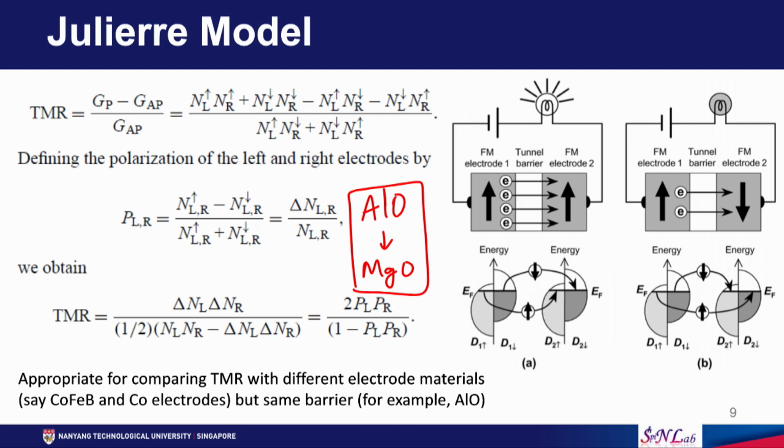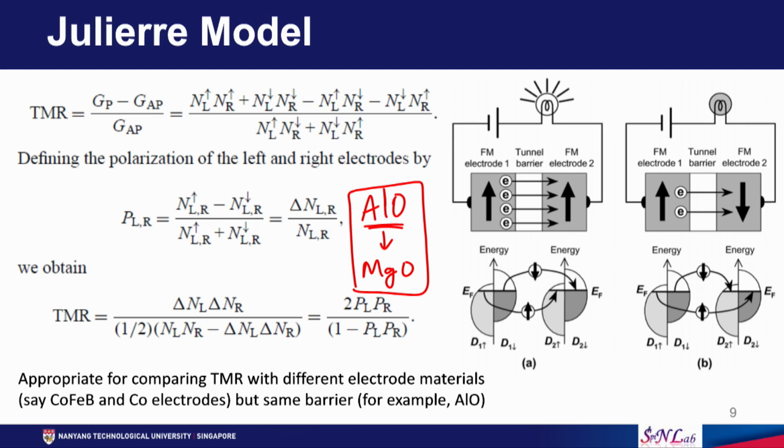The theory behind aluminum oxide as a tunnel barrier can be explained using the Julliere model. We briefly saw this during our TMR sensor theory part.